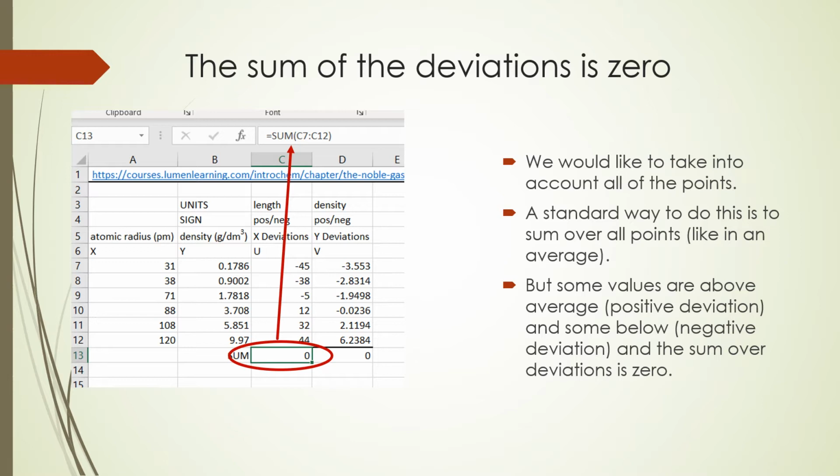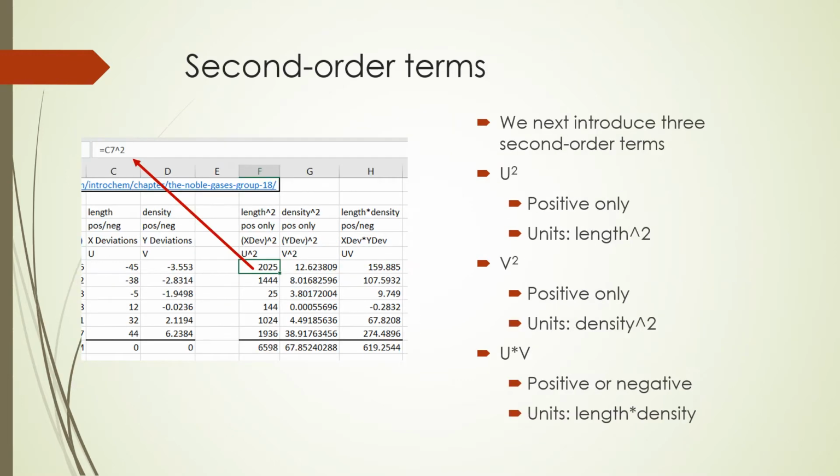The problem with our deviations, though, is that the sum of them is 0. Again, the deviation was the difference of a point from the average, but some of them are above average and some below, so when we sum over the deviations, we get 0. I've called the x deviations u and the y deviations v, and we recall that the sum of the u deviations is 0 and the sum of the v deviations is 0.